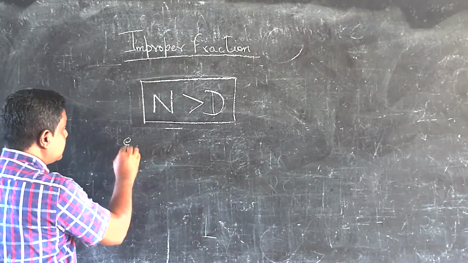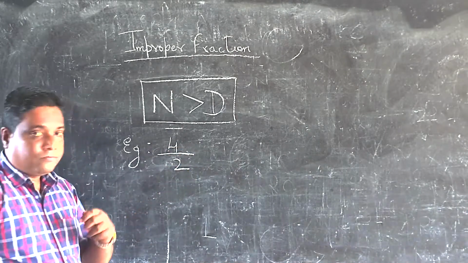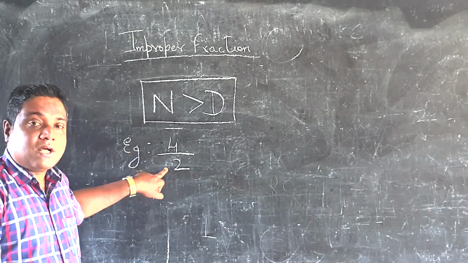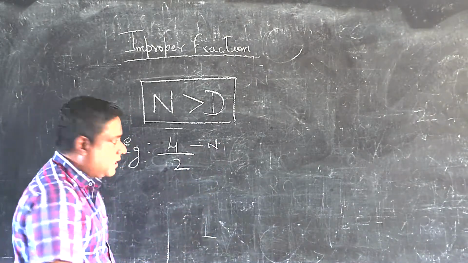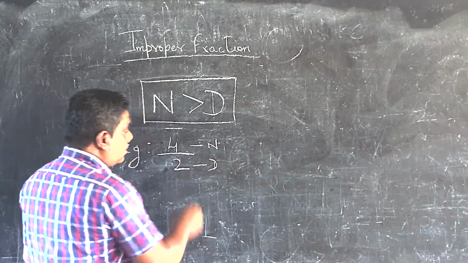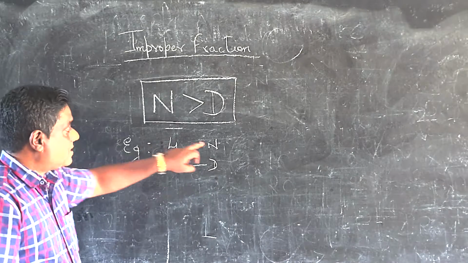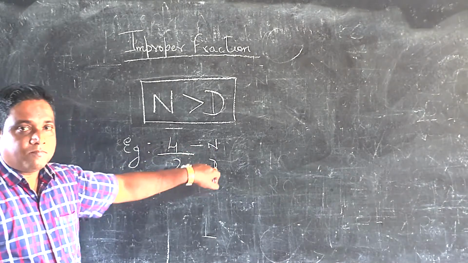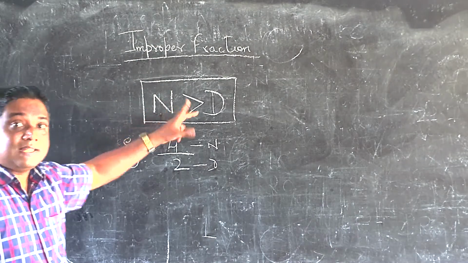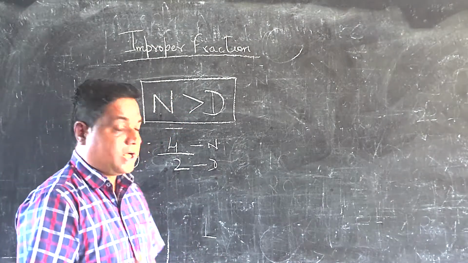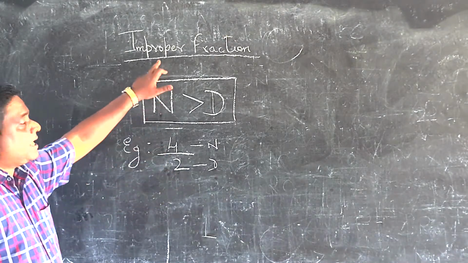Example, can anyone give me an example? 4 upon 2. Is the numerator greater than the denominator? Yes. 4 represents the numerator and 2 represents the denominator. So what does the rule say for an improper fraction? The numerator is greater than the denominator. So it is called an improper fraction.